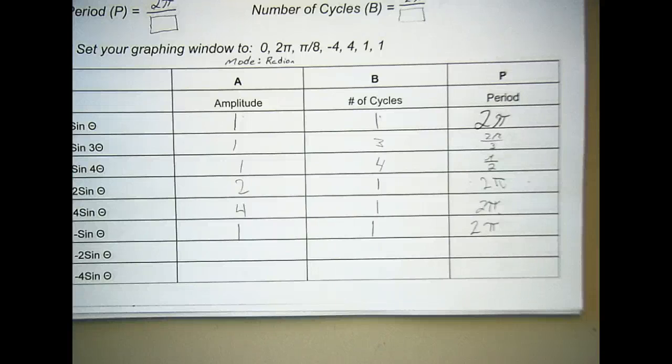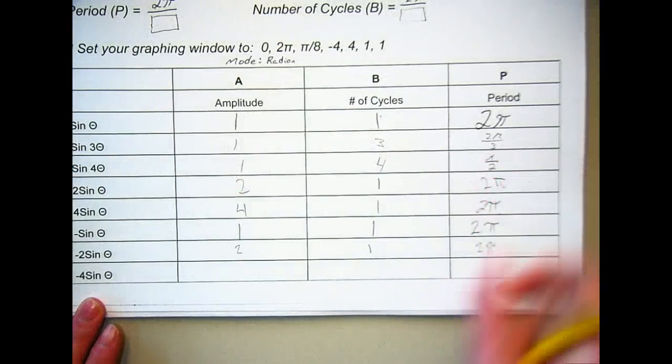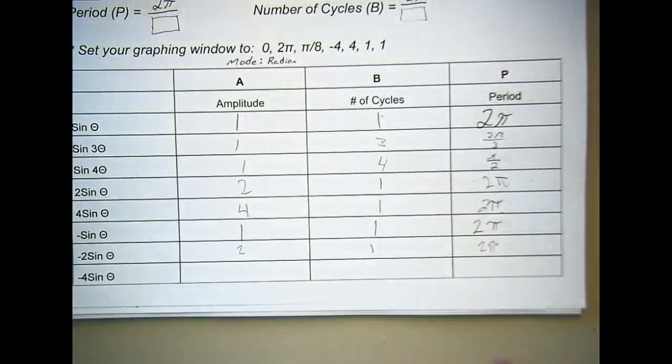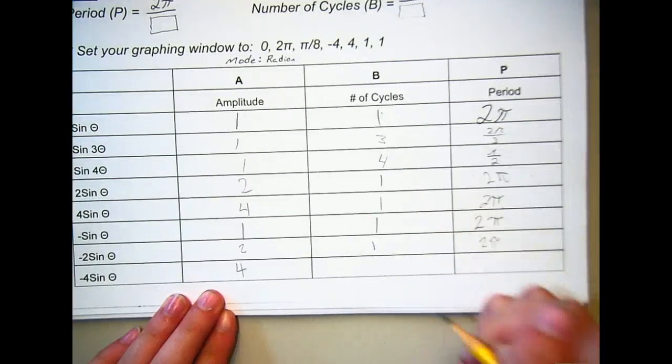Just b. b equals b. Oh, I get it. No, it's 2 cycles. It's 2 pi over something. It's 2 pi over 2 pi times b.